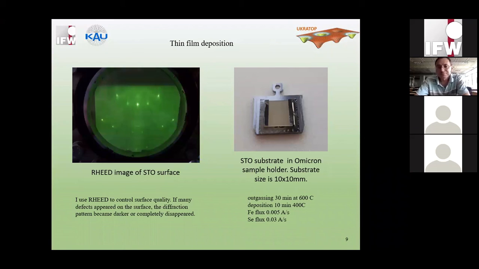The quartz sensor showed that the iron flux was only 0.005 angstrom per second, and if the deposition continued for 10 minutes, it must be only near 2 angstrom. But when we made the XPS analysis, it showed that the film thickness is bigger, because we can see the STO substrate.